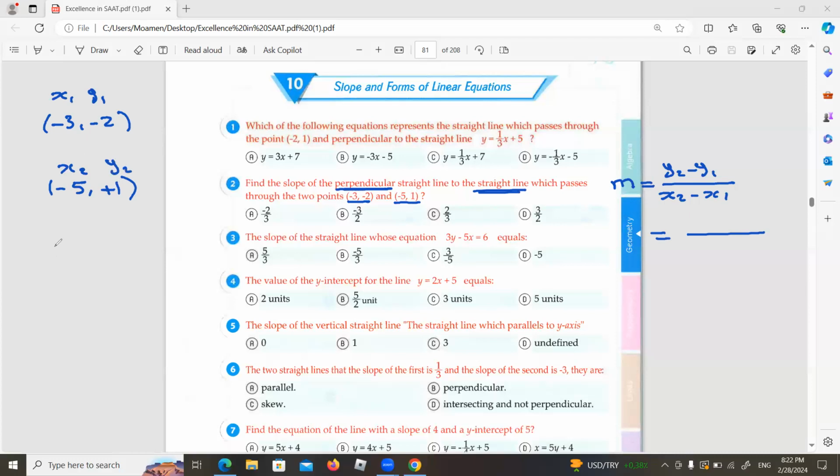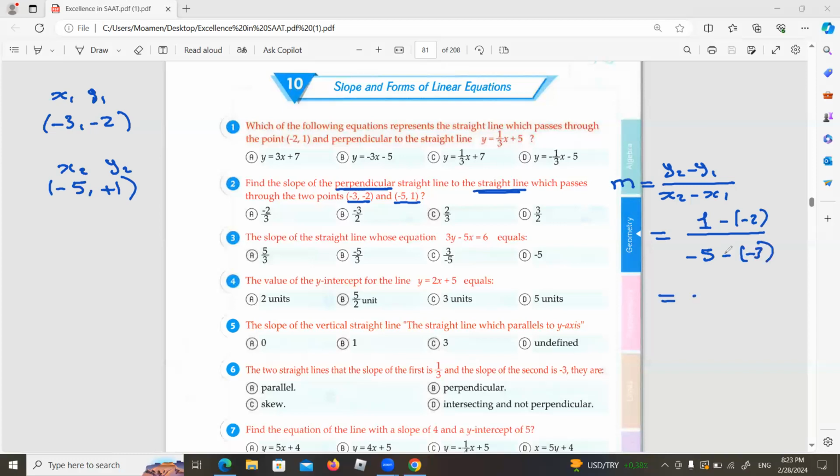A common mistake some of my dear students make is writing here x1, x2. It's wrong. The point, or the ordered pair, consists of x and y. It can't be x only and can't be y only. So y2 minus y1 and x2 minus x1 means 1 minus -2 over -5 minus -3.